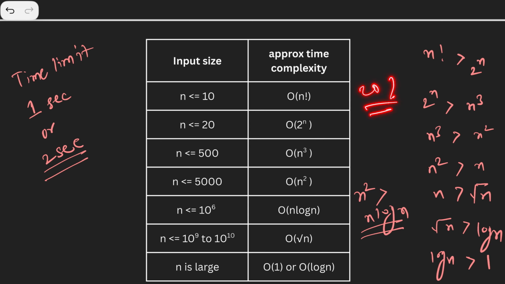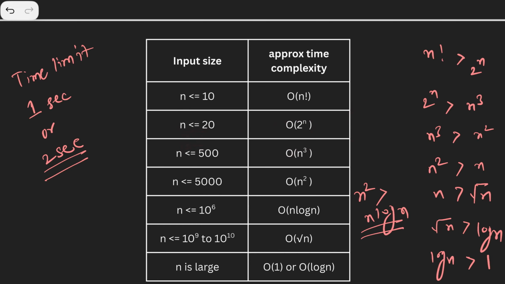So what I am trying to tell you is that given the input constraint, you can define the maximum time complexity your algorithm can have. That is the maximum. You can also have a solution in O of n and that is perfectly fine. Go with the O of n solution then. But this is the maximum that is allowed for n less than or equal to 20.